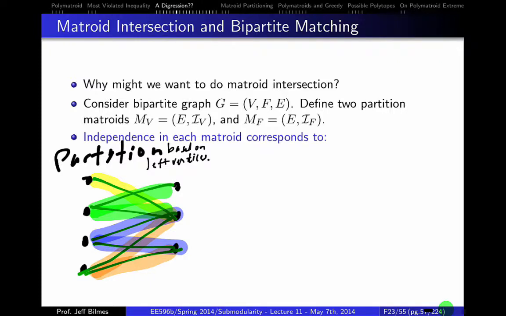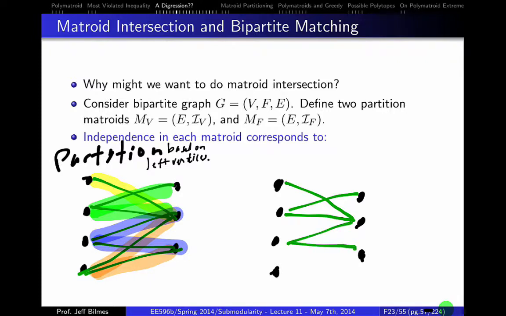Vertices, right? And then we can also partition it, we can do the same thing. So let's draw another bipartite graph here, the same one, which I should have copied from before. So we can partition it based on the right vertices.